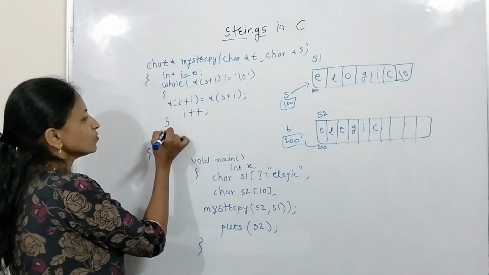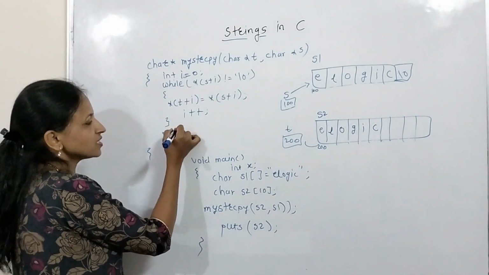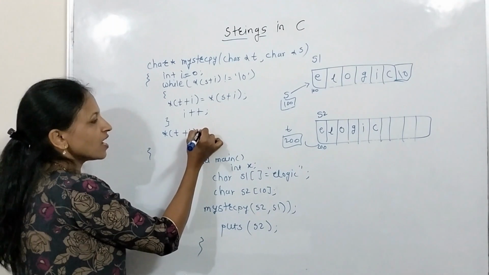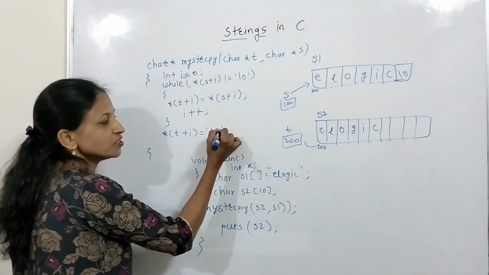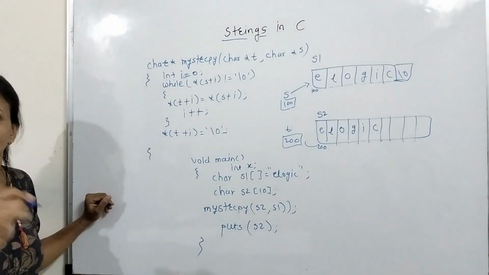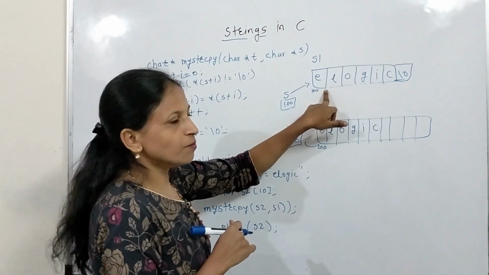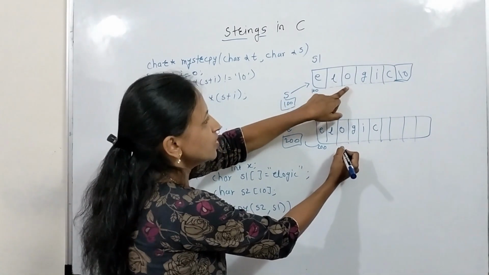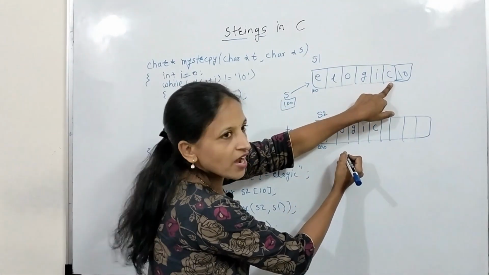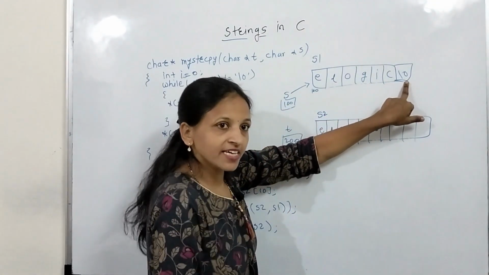Now here we have to explicitly write *(t + i) = '\0' at the end. Why? See, initially i is 0 here. Here i will become 1, 2, 3, 4, 5. Now i is 6.